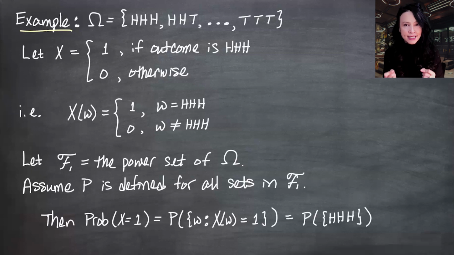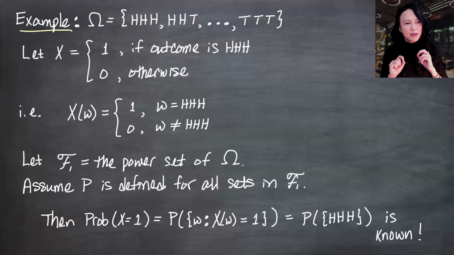This is a singleton set, and I know the probability because we specifically chose a sigma field that assigns probabilities to every subset of Omega. So we're trying to build up whether or not this is a measurable function, and it's looking pretty good here. You can also pull back the 0 and realize that the probability that the function results in a 0 is just the probability you're in the rest of this space, excluding heads, heads, heads, and that is a set in this sigma field because it contains all possible subsets.